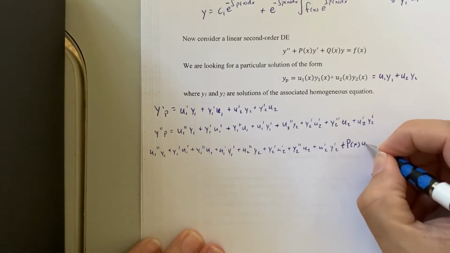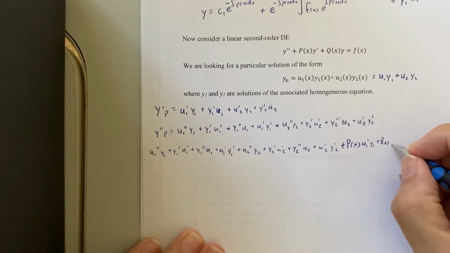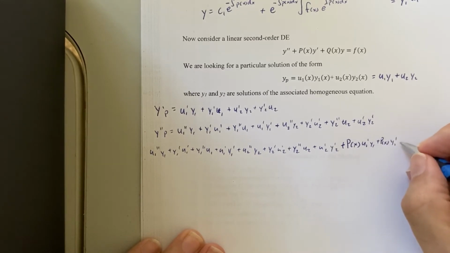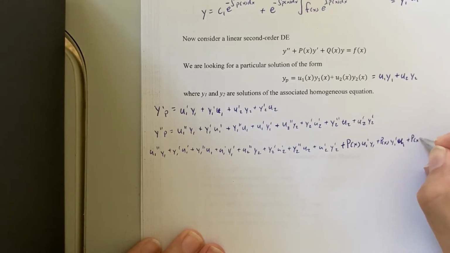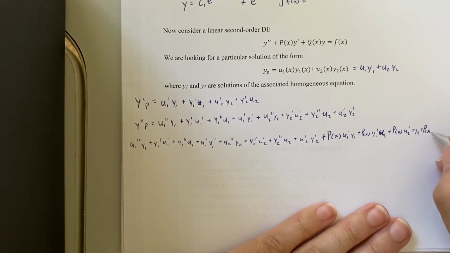So u sub 1 prime y sub 1 plus p of x y sub 1 prime times u sub 1, plus p of x u sub 2 prime y sub 2 plus p of x y sub 2 prime u sub 2, and then plus q of x times our original.